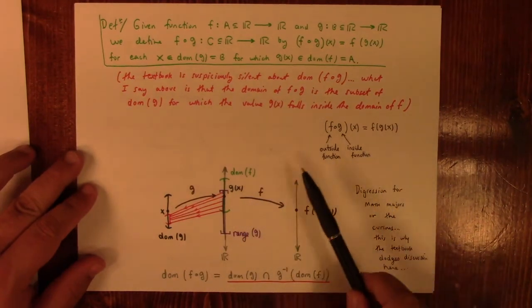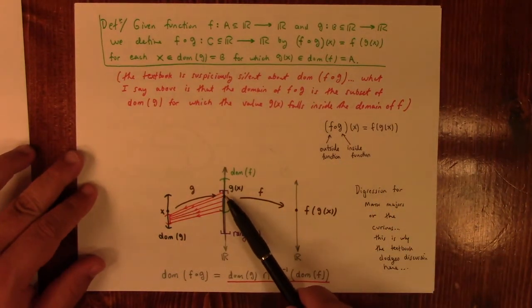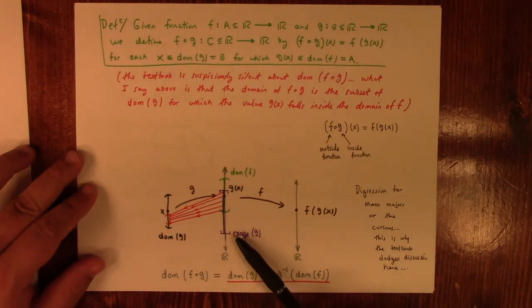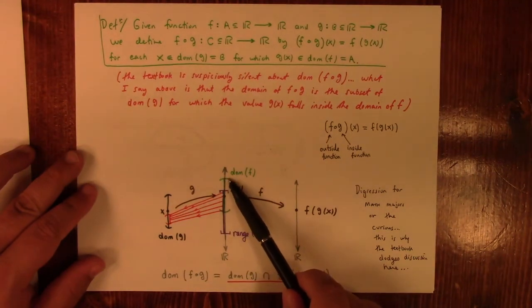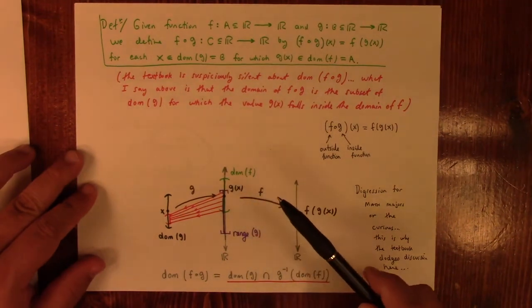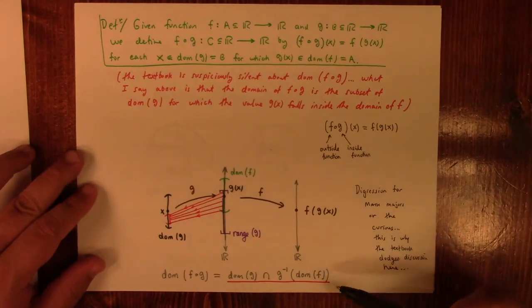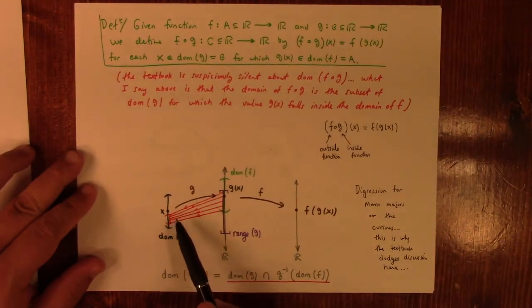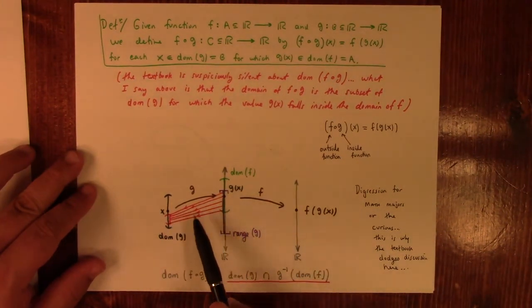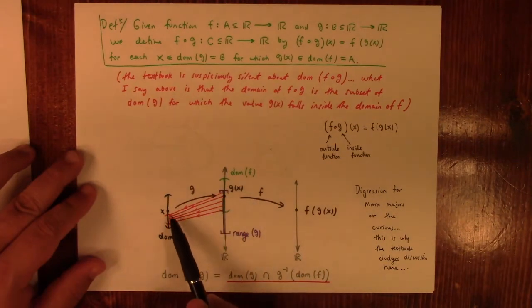And that takes you to g of x, right? Now if that g of x happens to fall inside the domain of f, which I've made green, then you're okay, right? But you need to have picked a point in the domain of g which happens to map to the domain of f.